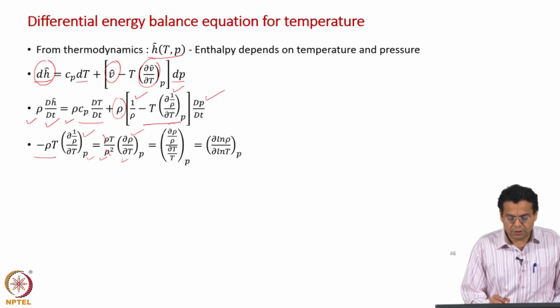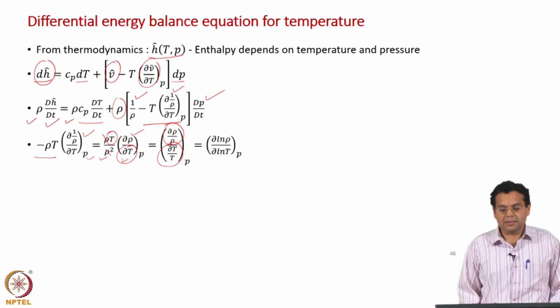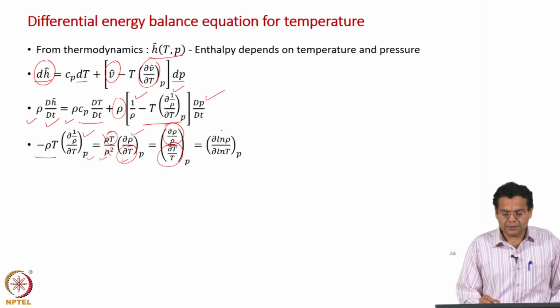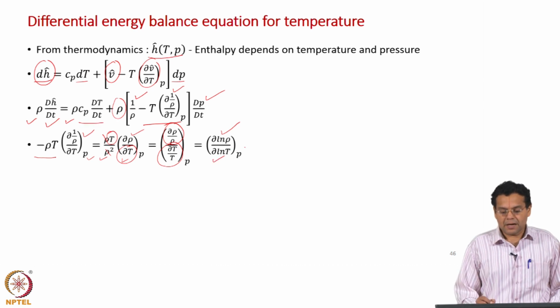So, we will write dou rho by rho. We have temperature in the numerator, so write the denominator as dou T by T at constant pressure. So the numerator becomes nicely dou ln rho, and the denominator also becomes nicely dou ln T at constant pressure.